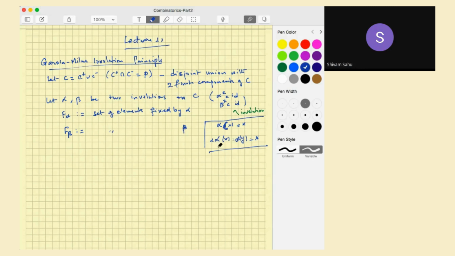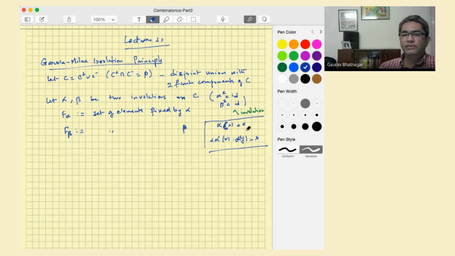Professor, so we are saying there are two definitions of involution? That one where you apply alpha to x and get y, and then you apply alpha again and get x again, right? Yeah, this is a special case where the first one itself is fixed. So involution means alpha square equal to identity, identity as a function.